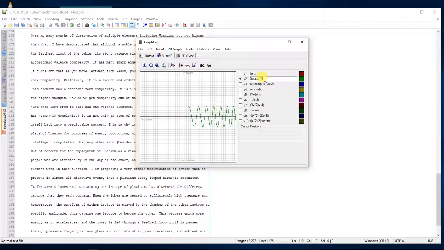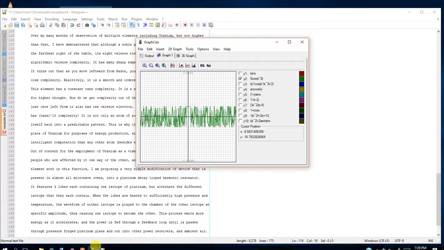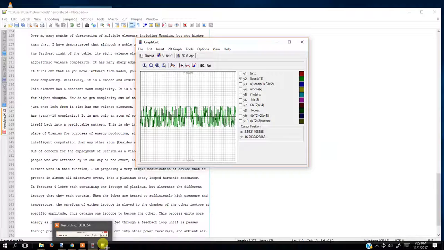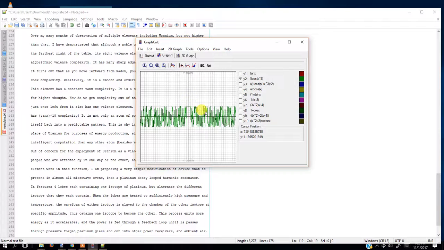So let's assume that the valence waveform of radon was cosine x to the 8th complexity. This is what it would look like.